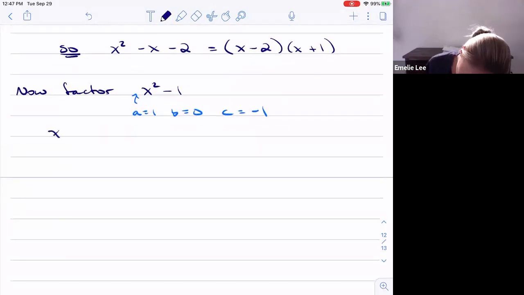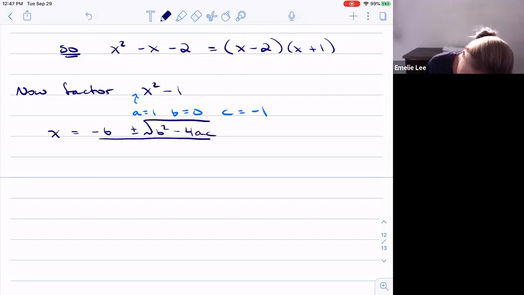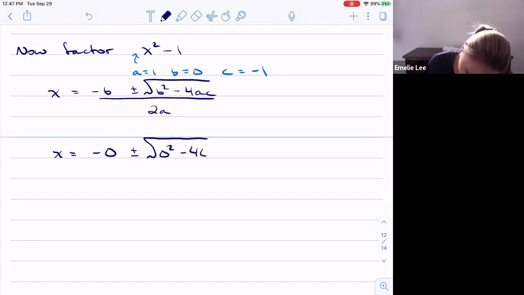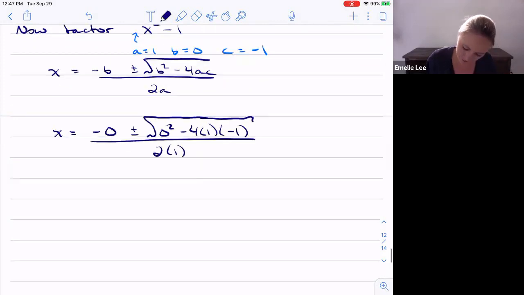And x is negative b plus minus the square root of b squared minus 4ac over 2a. So x is negative 0 plus minus the square root of 0 squared minus 4 times 1 times negative 1 divided by 2 times 1.